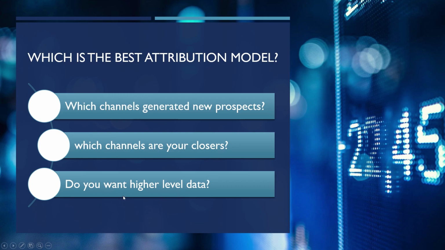And if you want to get high level data and figure out contribution across multiple channels, then any of the linear or position based attribution model is good, because it's going to attribute or give credit to each of those channels that contributed in a conversion. So that's how you can figure out a model that fits your business, by asking these questions.